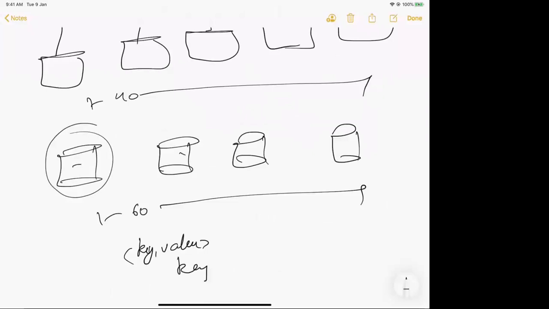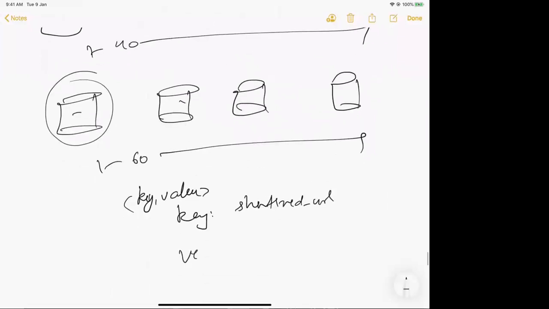Here the key would be nothing but the shortened URL, and the value would be the actual URL, comma, maybe the user who created that URL, maybe an expiry time, and so on and so forth. Does it make sense to everybody?